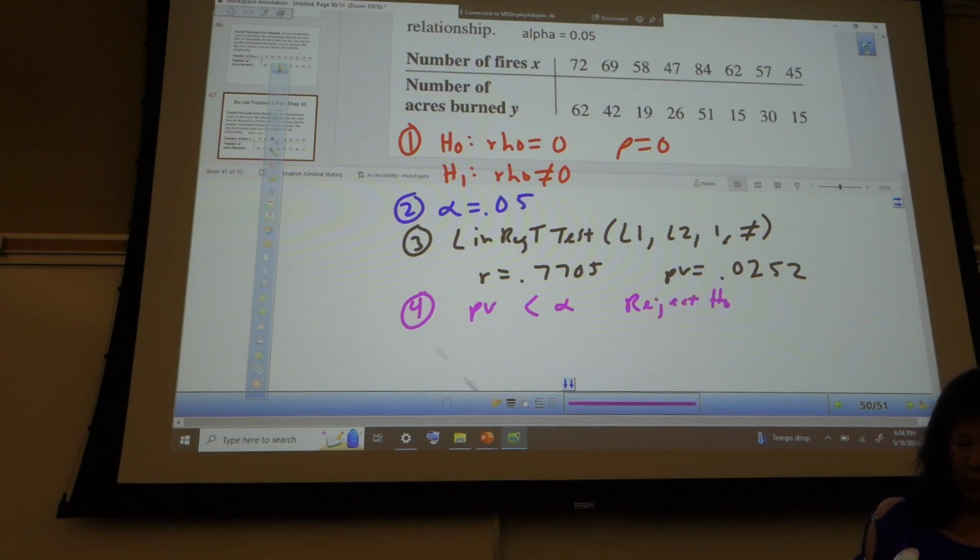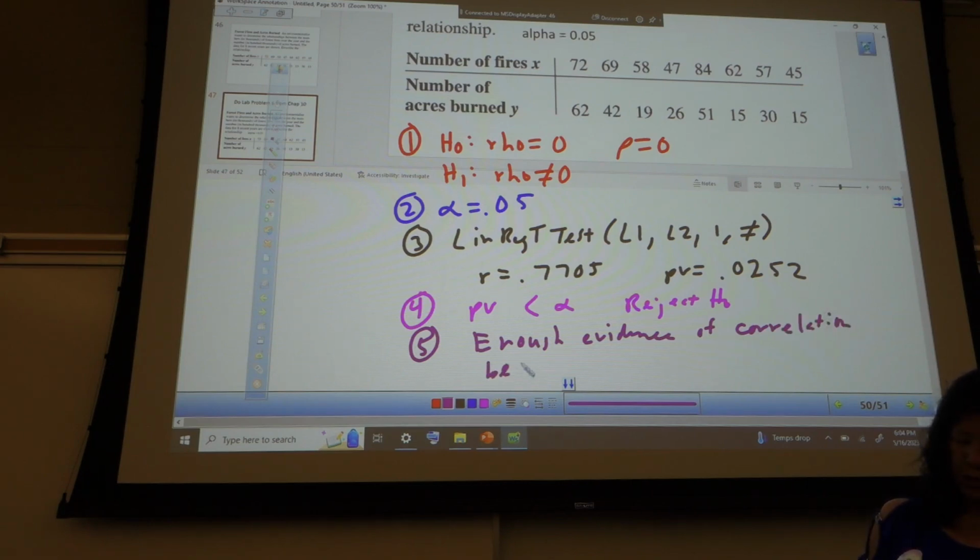which means that there's enough evidence of correlation, or to say there's a correlation between what and what? Between number of fires and acres burned. Good.